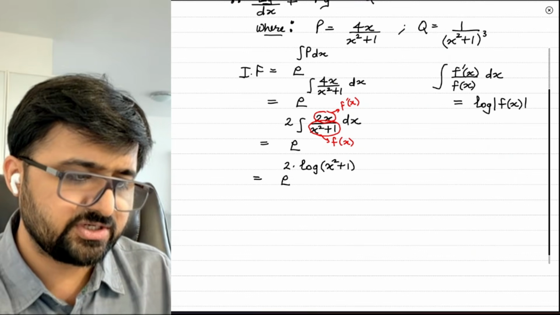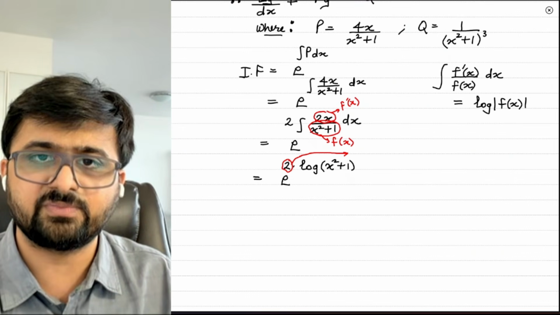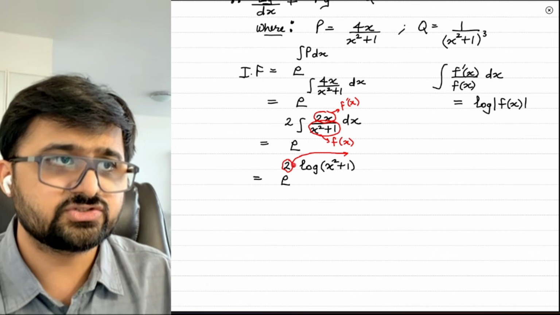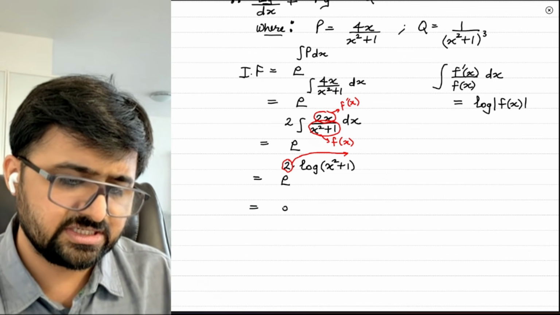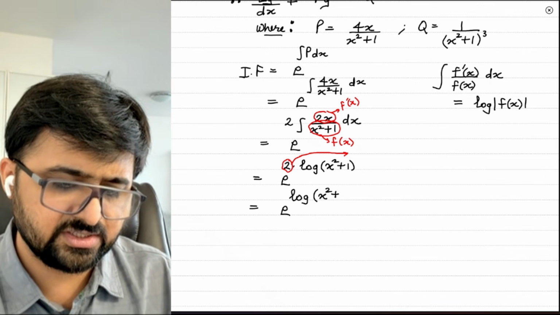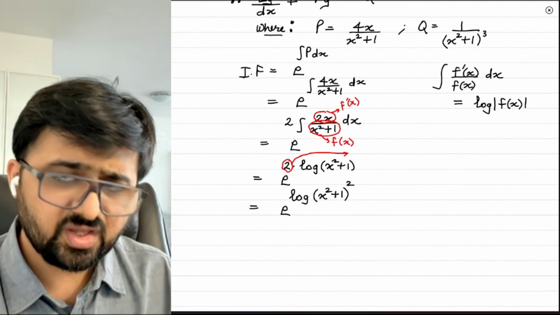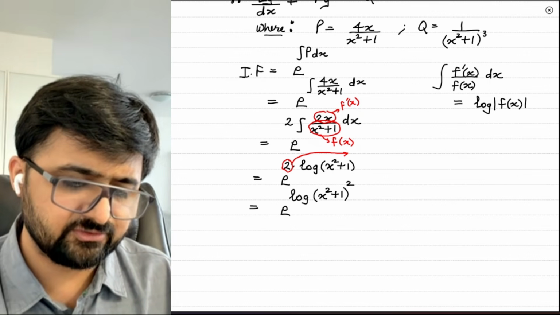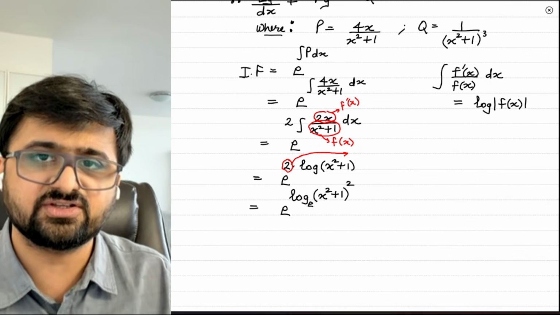Now using the property of the log, you can send this 2 to the power of the log. This 2 can go on the top here. So that will give you e to the power log of x square plus 1 the whole square. Again we'll use another property of log. Remember, this is natural log, so the base of the log is e.